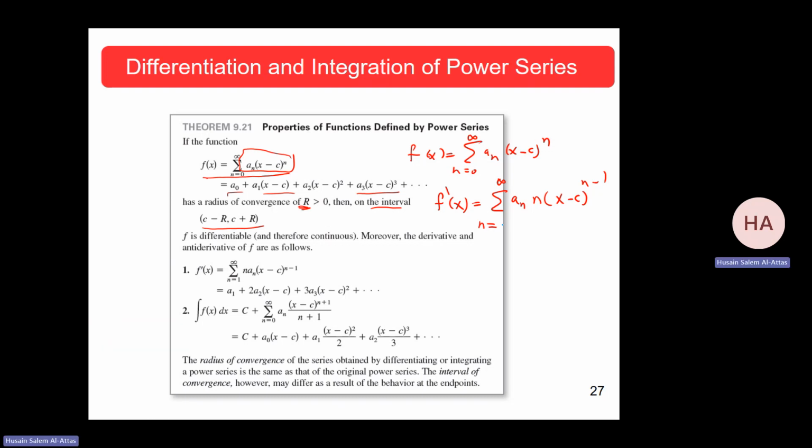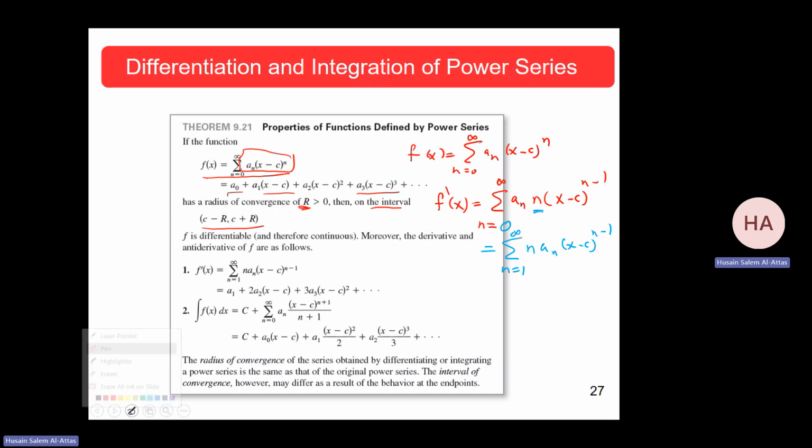I can start with n equal 0, and it's correct. However, if you notice, at n equal 0 the term will be 0. So this will be the sum from n equal 1 to infinity, because at n equal 0 it will be 0, so I can start the series from 1.